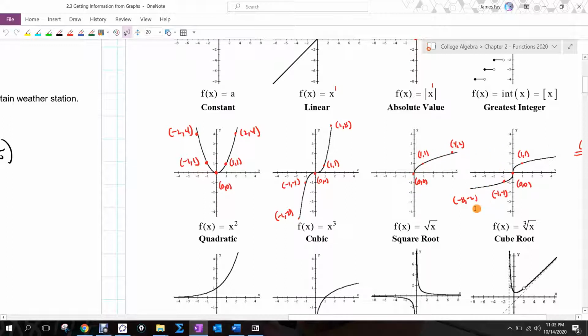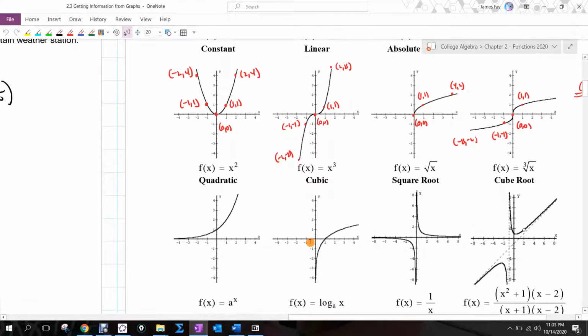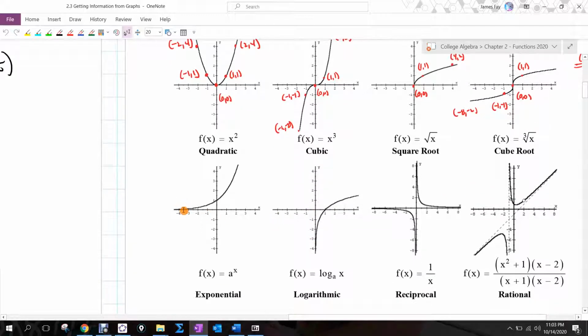These are cube roots. If you've ever heard of an exponential function, if you've listened to anything about the virus and how it spreads exponentially, this is kind of the graph that represents. Logarithm looks like this. These two things tie together.